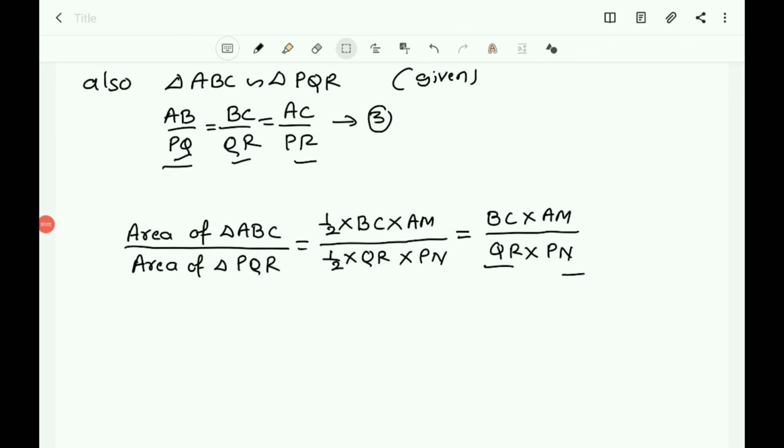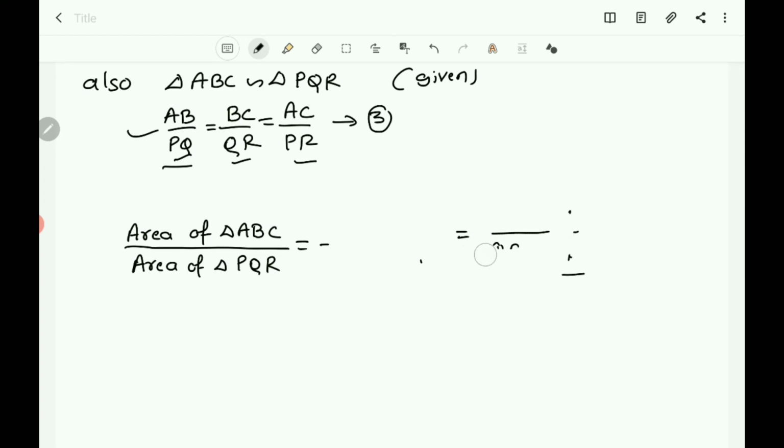From the first, you had that area of triangle ABC by area of triangle PQR is equal to BC by QR into AM by PN. Now in the place of BC by QR you write AB by PQ, from the first and third.